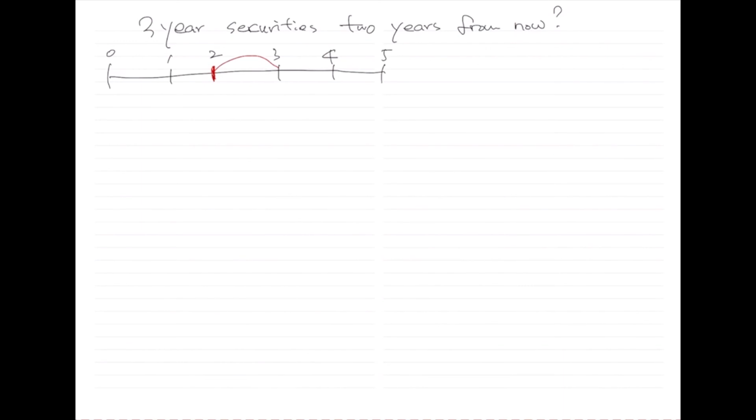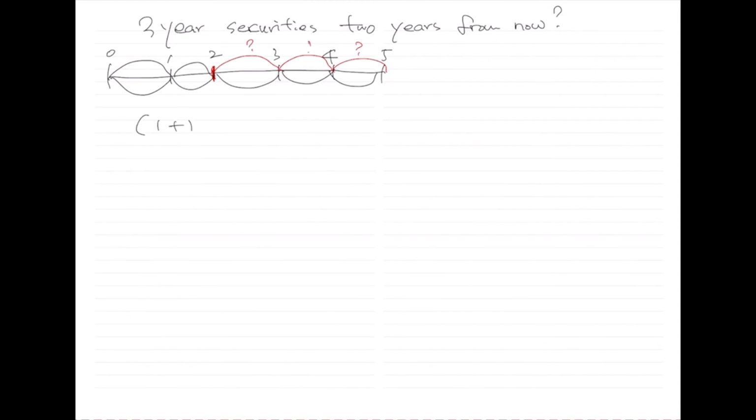And 3-year securities. But we don't know the rate. But in the current market, this bond is a 2-year bond, right? It's already traded. And this bond is a 5-year bond. It is also traded now. So we can write down as this.